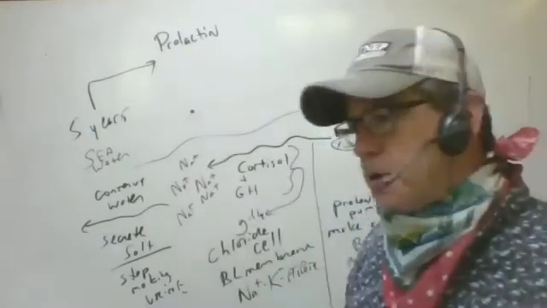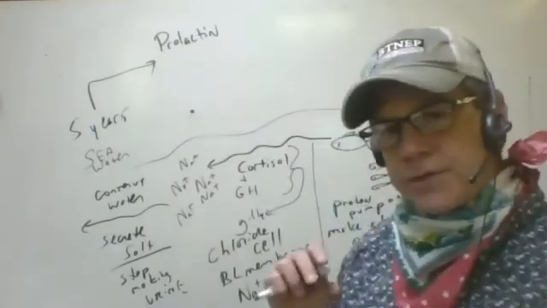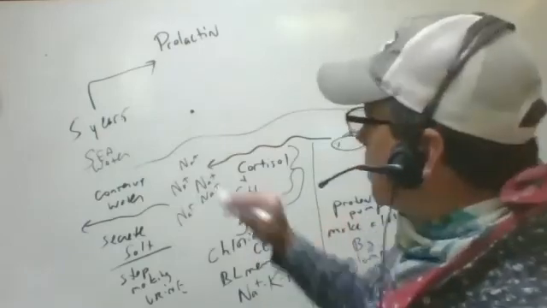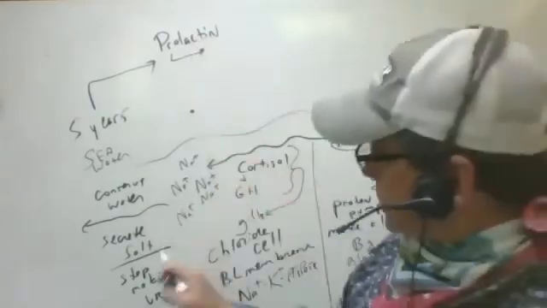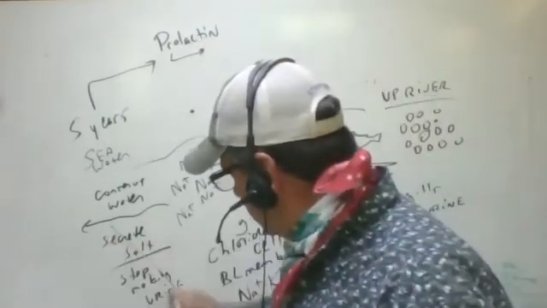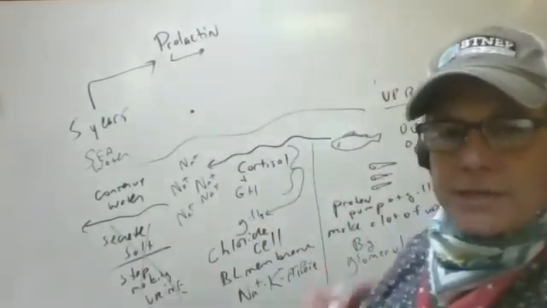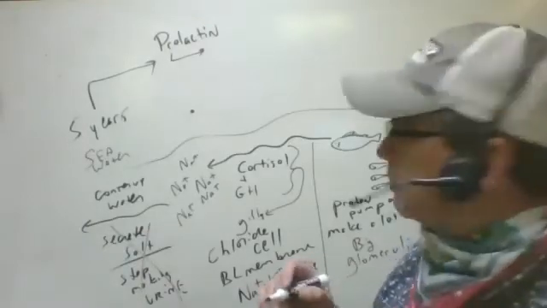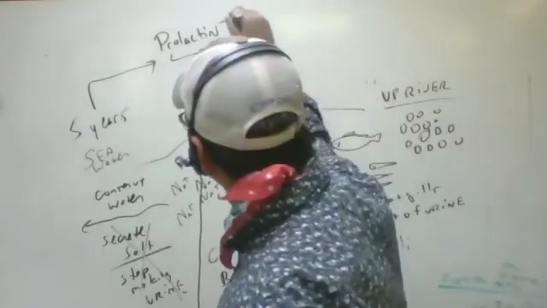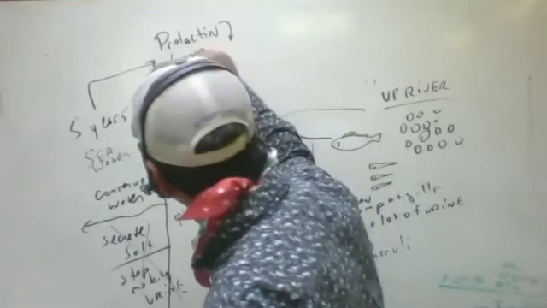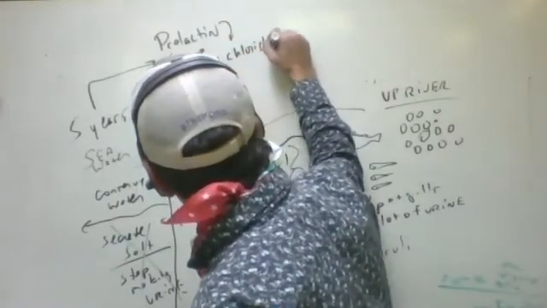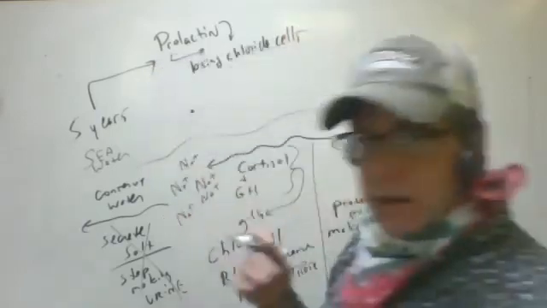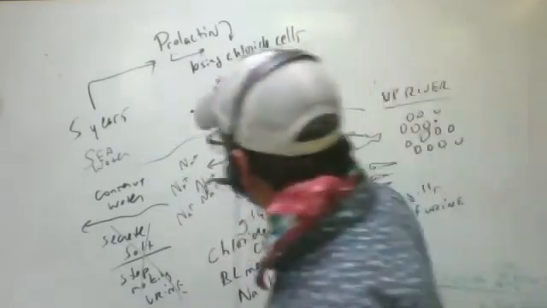It turns on gill function for fresh water, right? Prolactin leads to gills stopping to secrete salt and starting the proton pump. So prolactin leads to gills losing their chloride cells. They turn on this other pump called the proton pump.